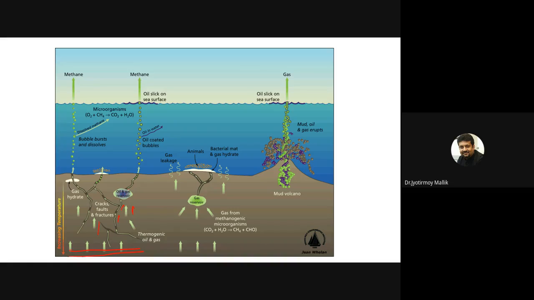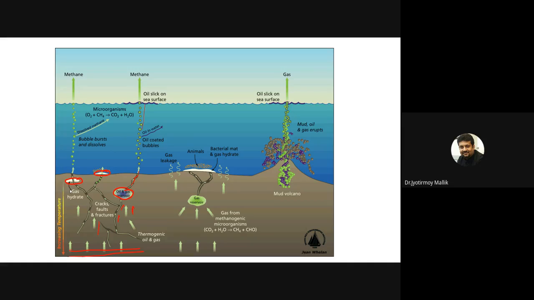Then it finds an oil and gas reservoir, the conventional reservoir, and if that leaks, or if there is a fractured system, the gas can leak out and get released into the atmosphere through the ocean. But if it hits ice, that would create gas hydrate, be it at the surface or at some depth.